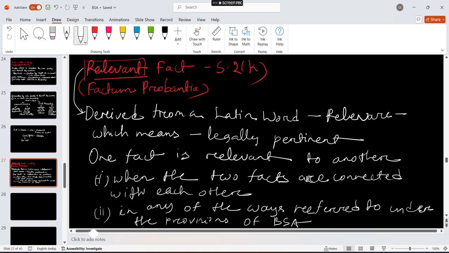Okay. It is from section number 3 to section number 50, Chapter number 2, under the chapter of relevancy of facts.